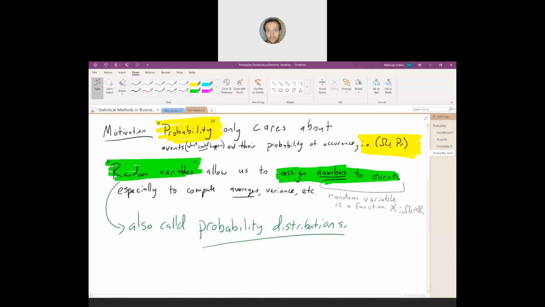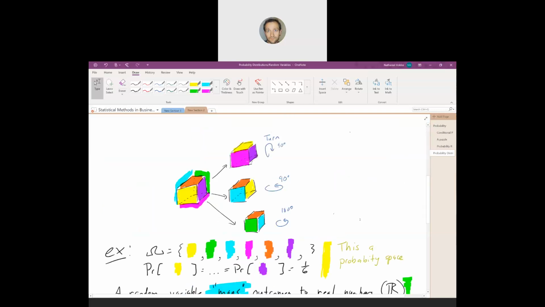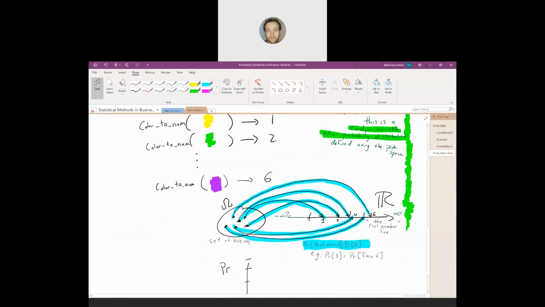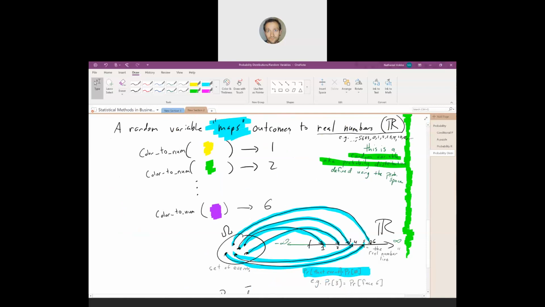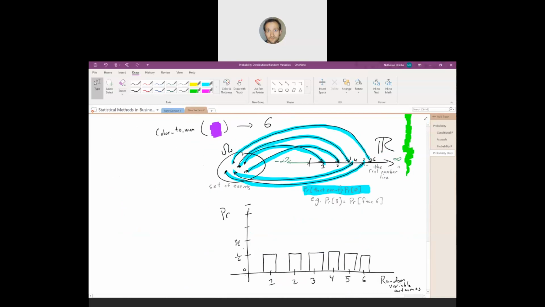The arrow here is the map part. For the visual, this is what I mean when I say mapping. So the random variable is a function, and it takes outcomes and gives them numbers.